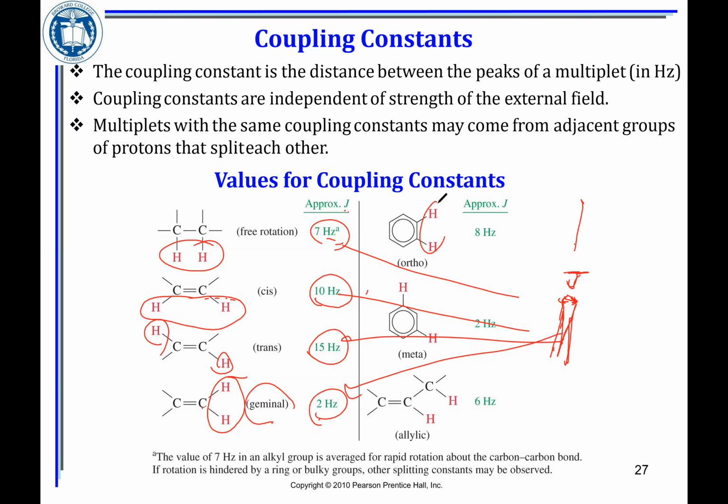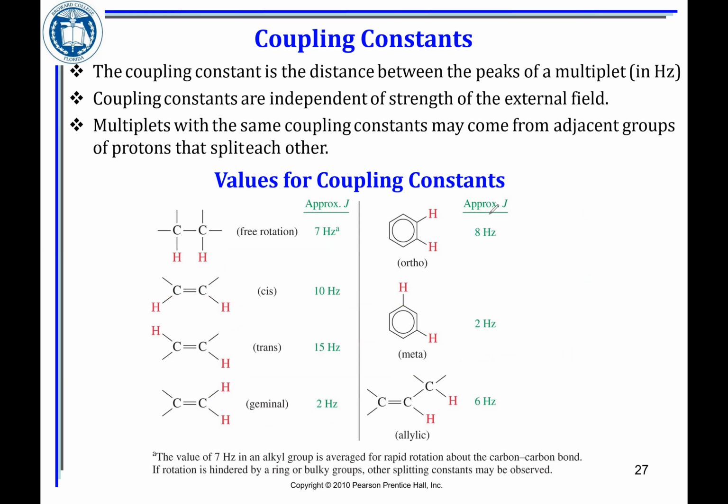For the aromatics, this value is again different if they're in the ortho position, meta position, or para position. So ortho, meta, and para are going to have different values.